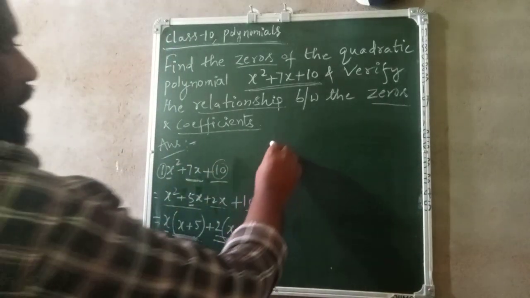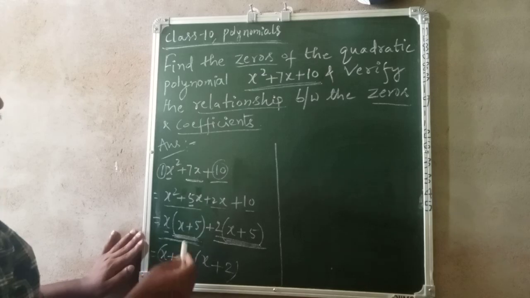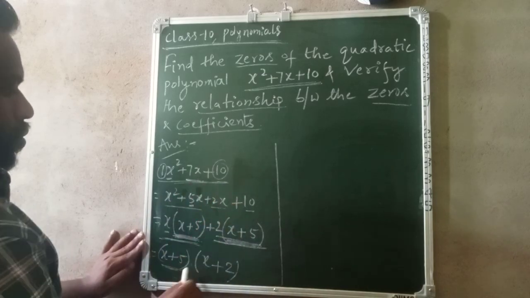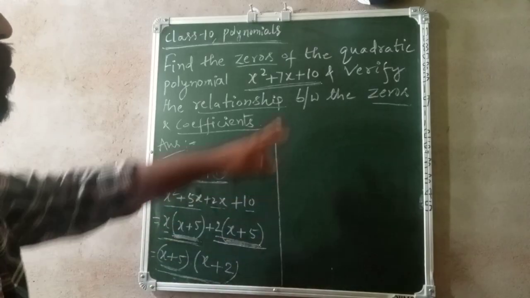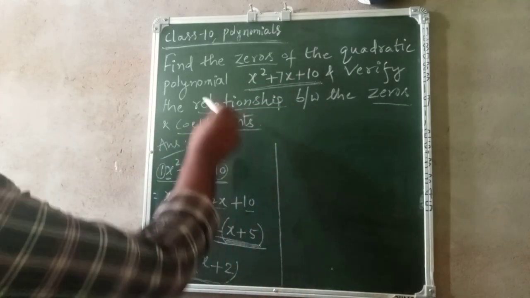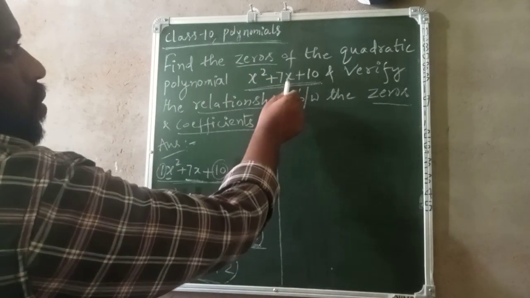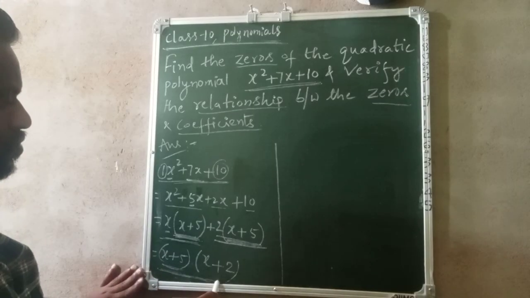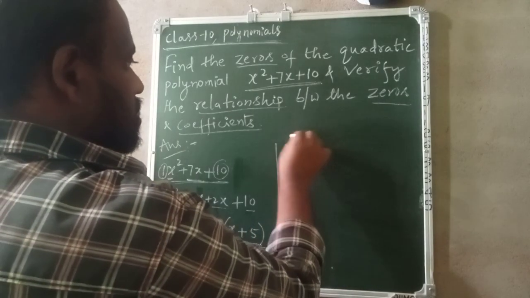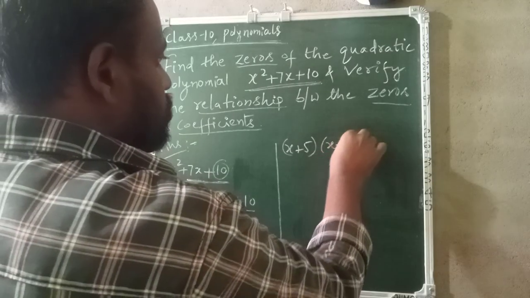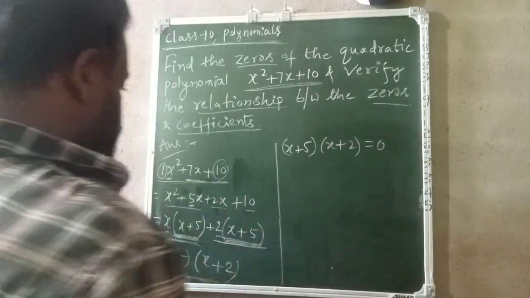The question is we have to find the zeros. Now we got this expression. To find the zeros of this quadratic polynomial, equate this to 0. That is, x plus 5 into x plus 2 is equal to 0.